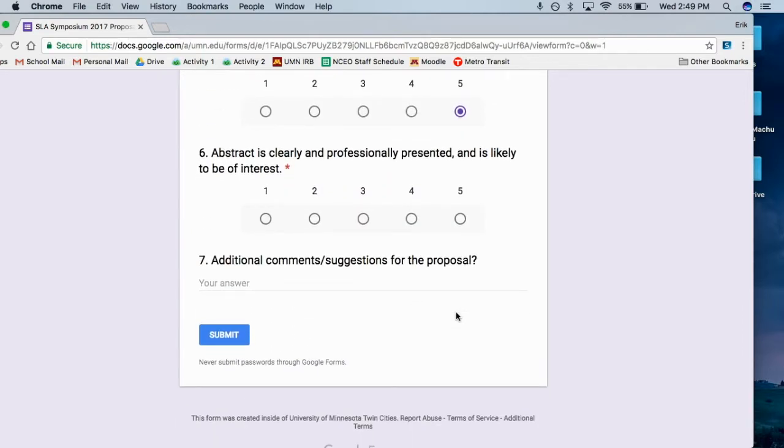All right, last criteria: abstract is clearly and professionally presented and is likely to be of interest. Here we're looking to see, are there a bunch of typos? Does that suggest that it was sloppily, hastily presented? That's important because how somebody writes an abstract gives us some clue about how much preparation they're going to do for their actual presentation.